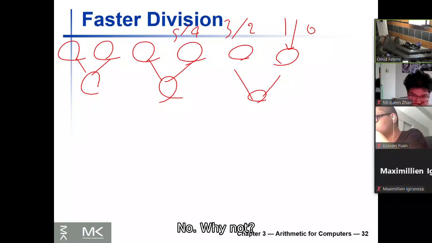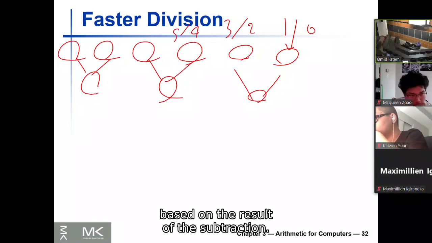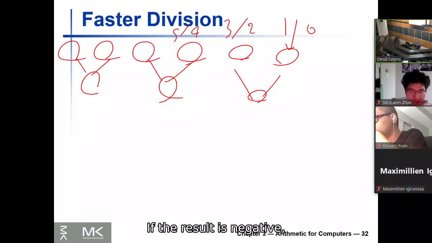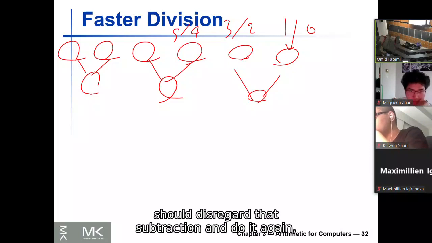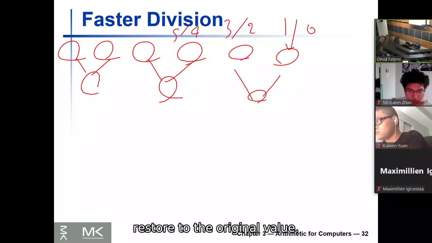No. Why not? Because the procedure is based on the result of the subtraction. If the result is negative, we should disregard that subtraction and restore it to the original value.